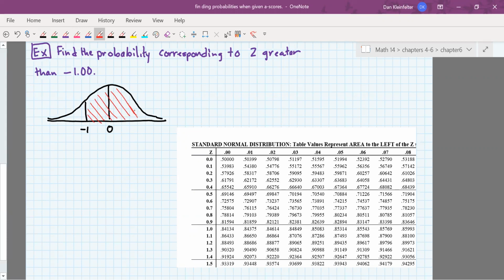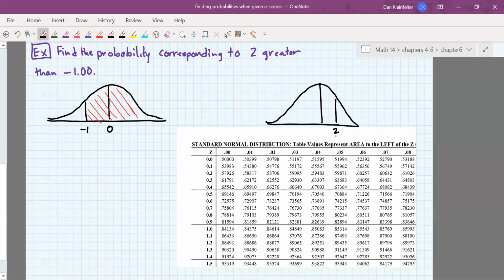The thing is that our z table tells us the area from negative infinity up to a positive z, right? So we need to translate that to our specific situation.